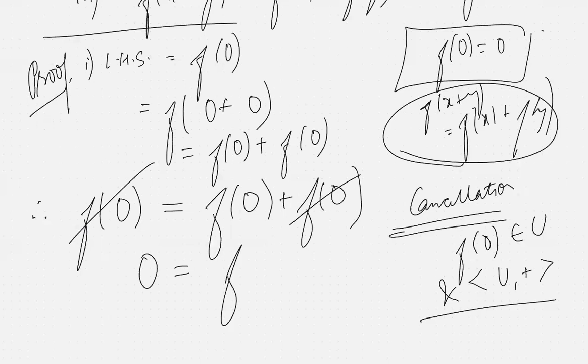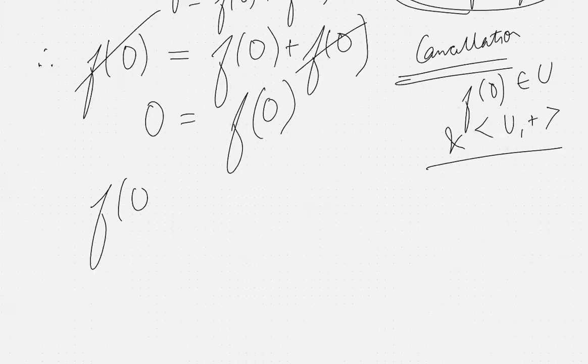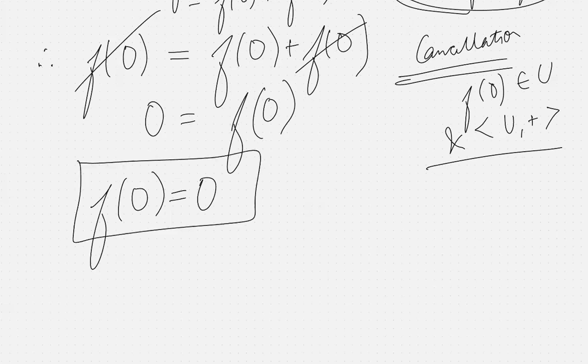So this means that in this vector space concept, in this linear transformation concept, f of 0 will always be equal to 0. Okay? Always, 0 will be mapped to 0 in this.